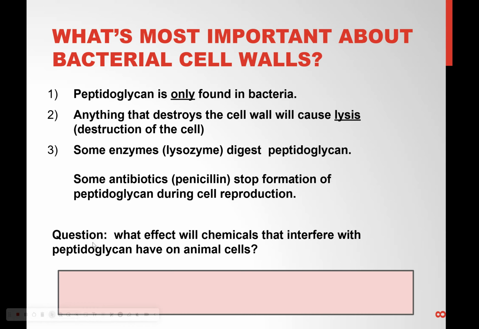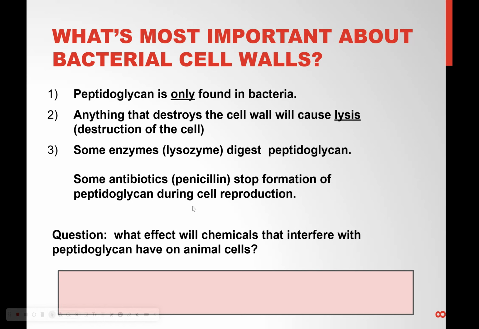We don't have peptidoglycan in our cells as eukaryotes, and this is fabulous, and I'll get to that in a second. It says anything that destroys that cell wall will cause lysis and destruction of the cell. So any way we can destroy peptidoglycan is going to help us attempt to kill bacteria. There are some enzymes out there that digest peptidoglycan. Penicillin works that way, where it stops the formation of peptidoglycan. So as the bacteria starts to reproduce, peptidoglycan is not able to be formed.